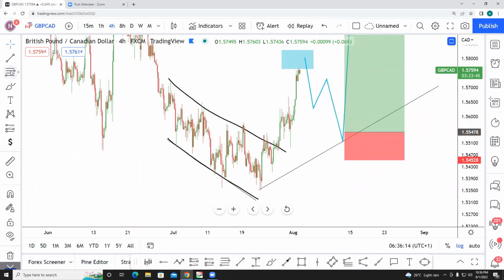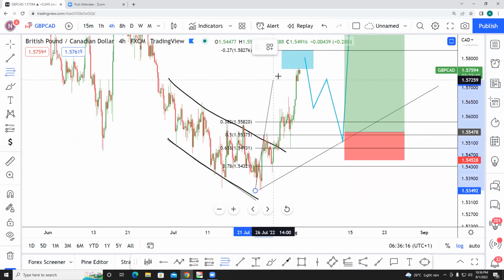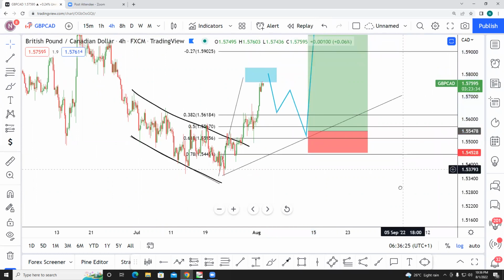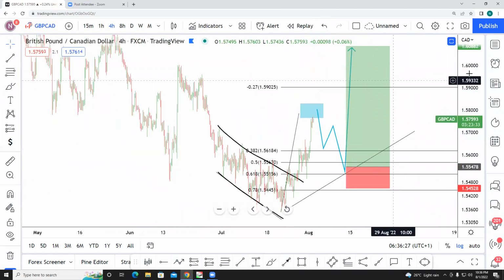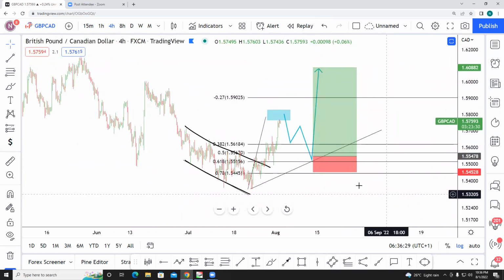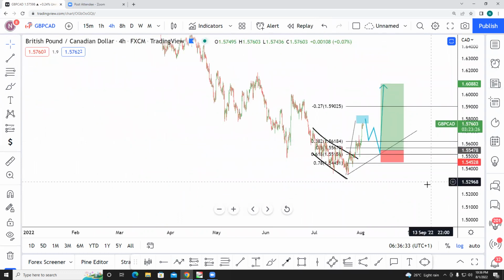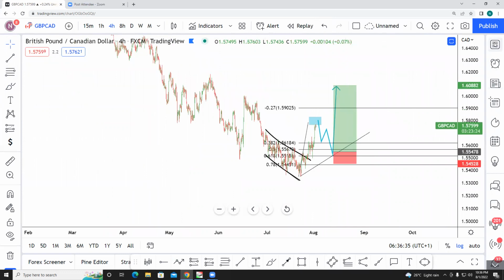This will take the impulse of this move to the upside. It's already a 5-wave impulse. Then we look for correction to 50 to 61.8. Then from there, we look for a move to the upside. Okay, we look for a move to the upside. That's what we're going to do for GBP CAD, guys.